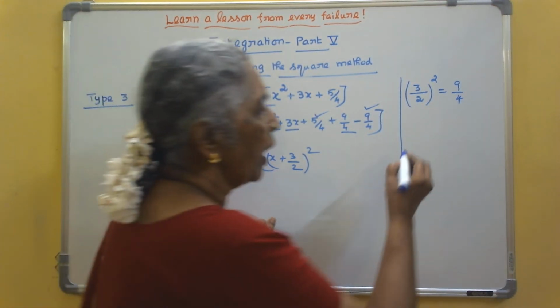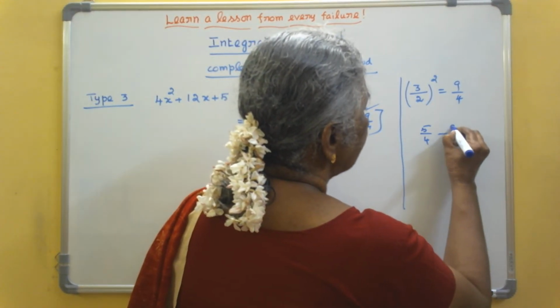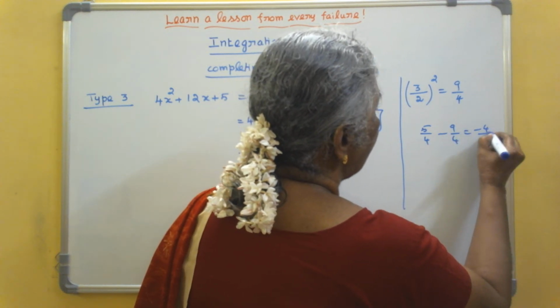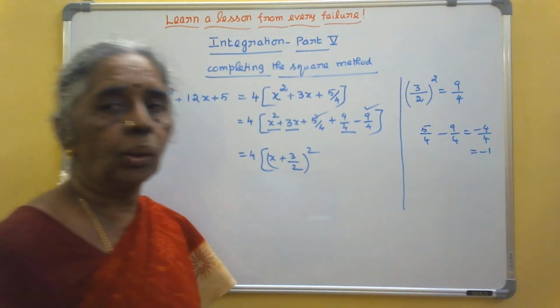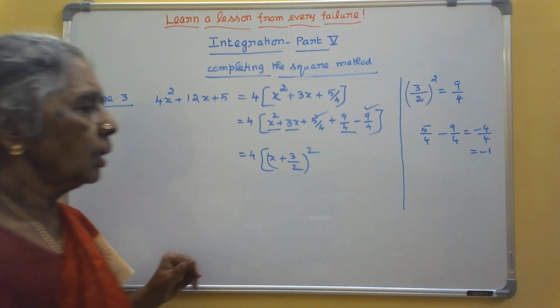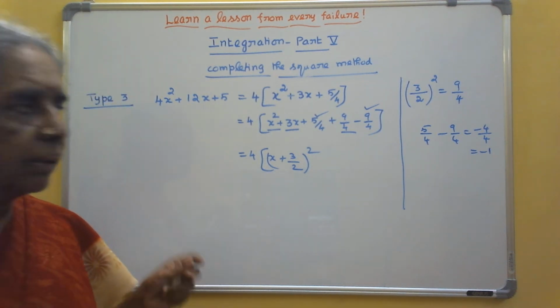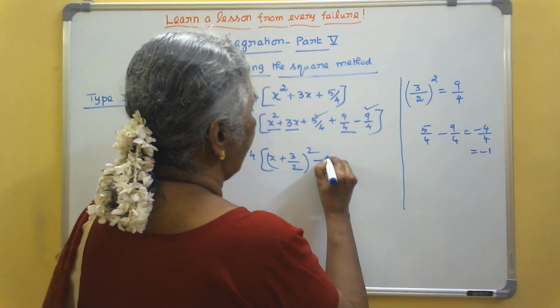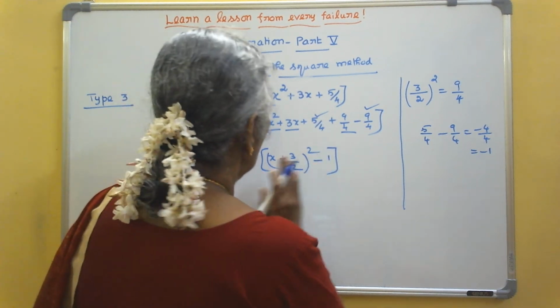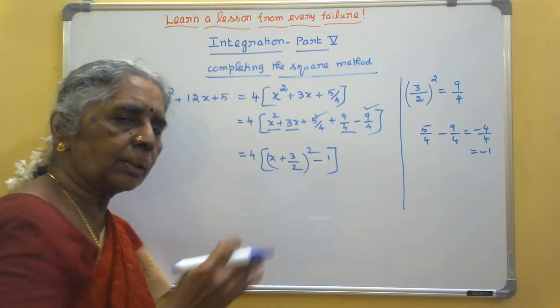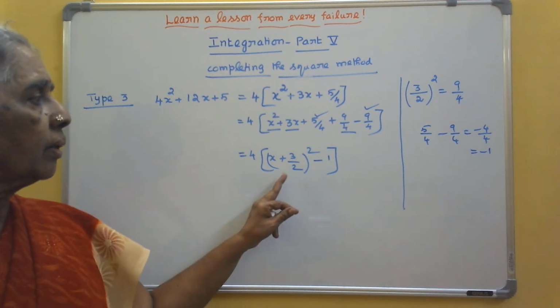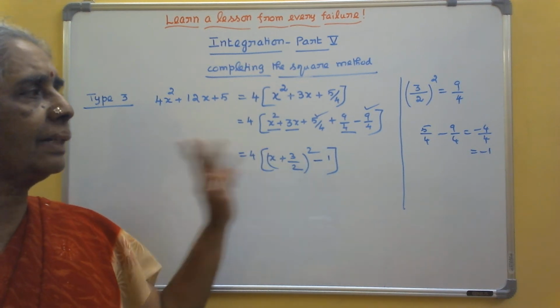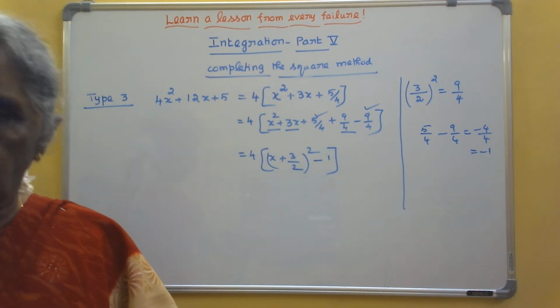That is 5 by 4 minus 9 by 4 will be minus 4 by 4, which is equal to minus 1. You may get a fraction also, don't bother. So, you are getting a minus 1 here. So, this 4 you can take it actually outside the integral also. Here you are getting it is x squared minus a square. 1 is 1 square. Okay.